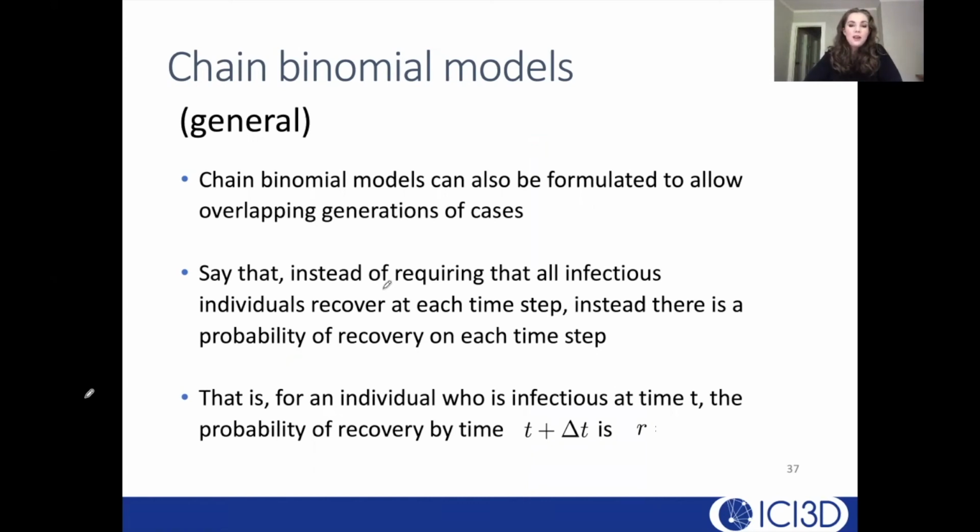We can call this probability of recovery r. So for any individual who is infectious at time t, the probability of recovery by time t plus delta t is r.